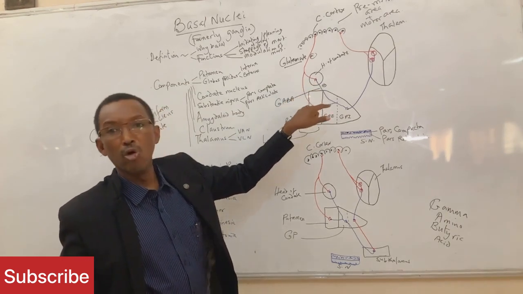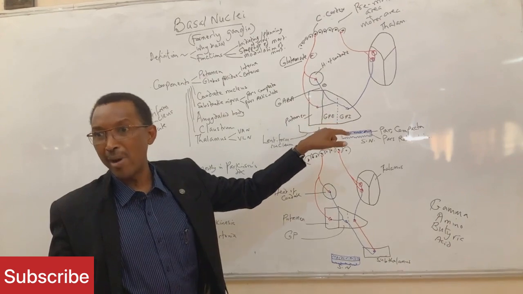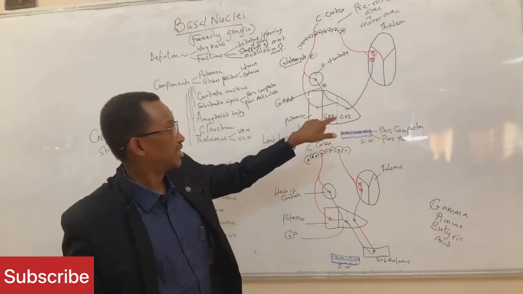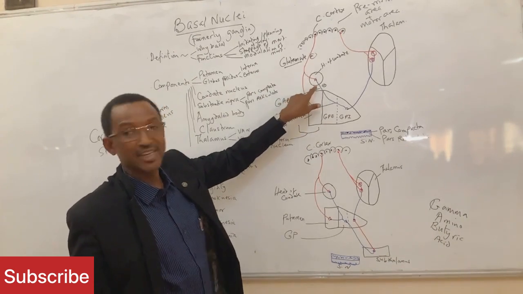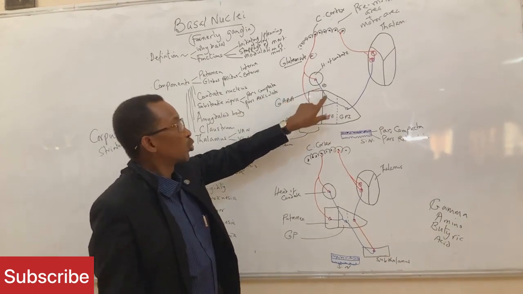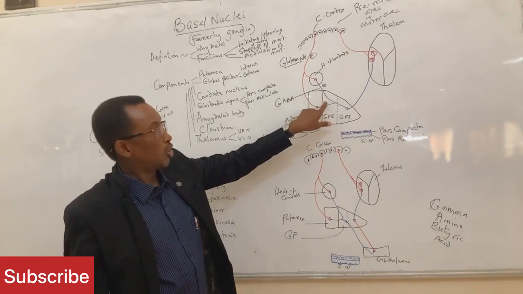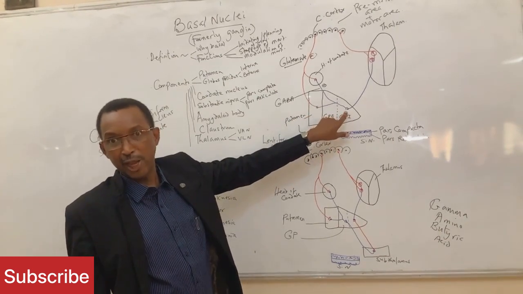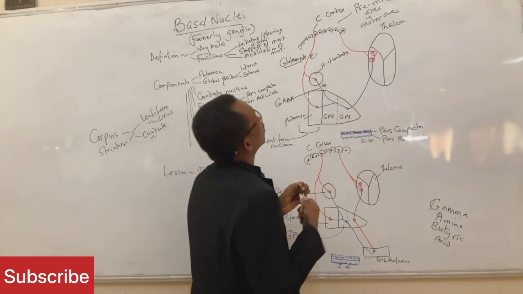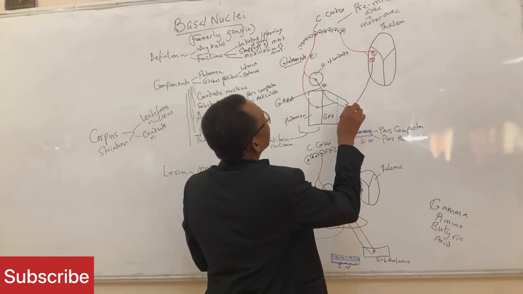There will be more production of GABA neurotransmitter by this neuron. Are you clear? Because this neuron excites this neuron, so that once it is excited, it is going to produce more GABA at this synaptic junction. So you have a lot of GABA produced here.